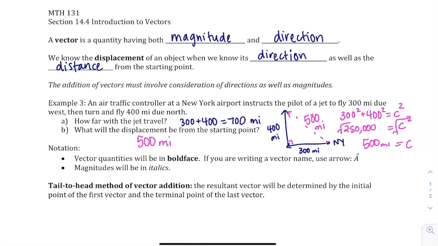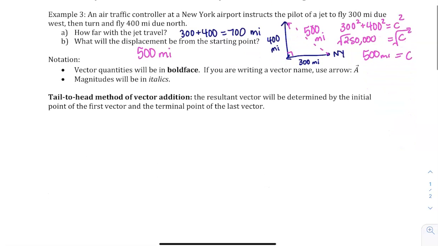Now, the method that we're going to use to add vectors is the tail to head method. Ultimately, that's what I did in example 3. I drew a vector going in the west direction, and then I started my next vector at the arrow side and drew it moving in the south direction.